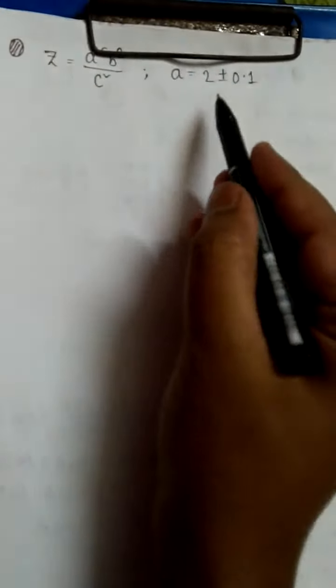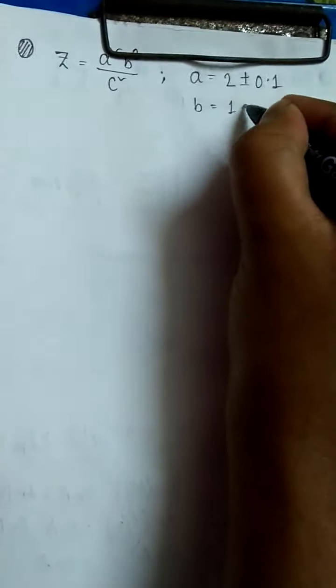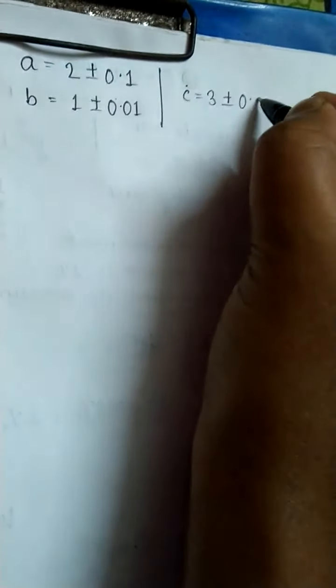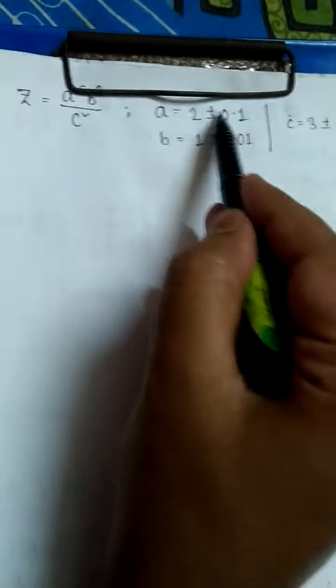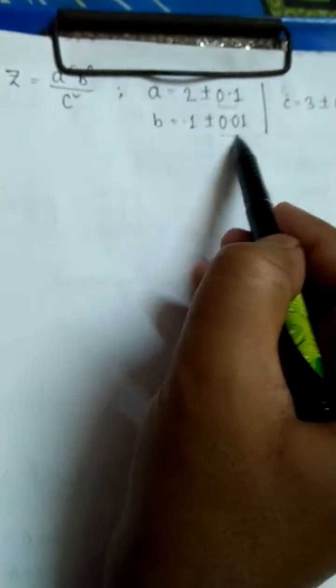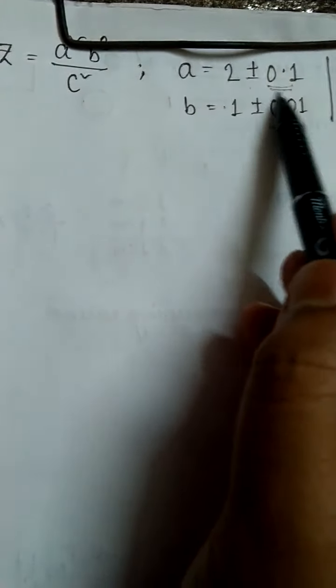So a equal to 2 plus minus 0.1, b equal to, let's say, 1 plus minus 0.01, and let's say c equal to 3 plus minus 0.2. So basically these are the absolute values, and these plus minus are the absolute errors. Okay, so these are the correct values, these are the errors.